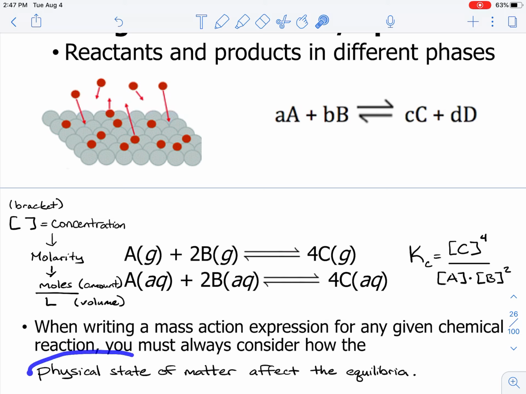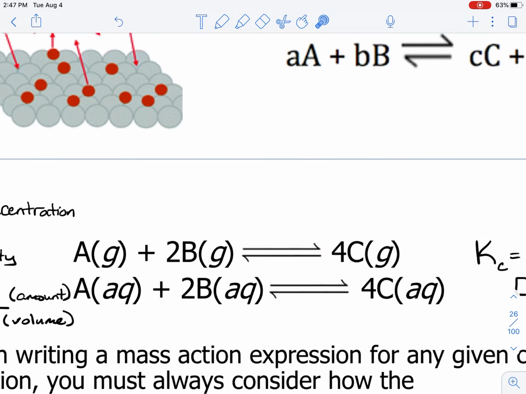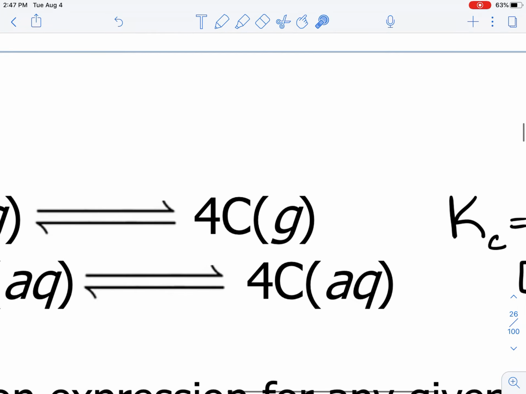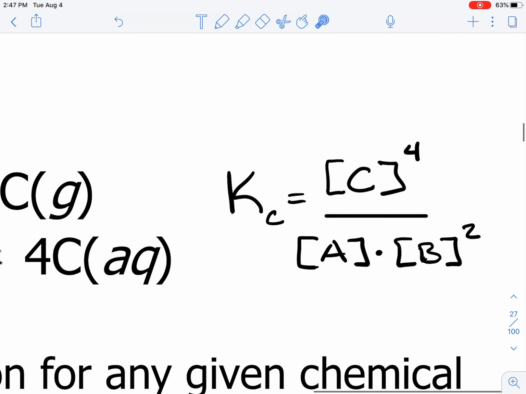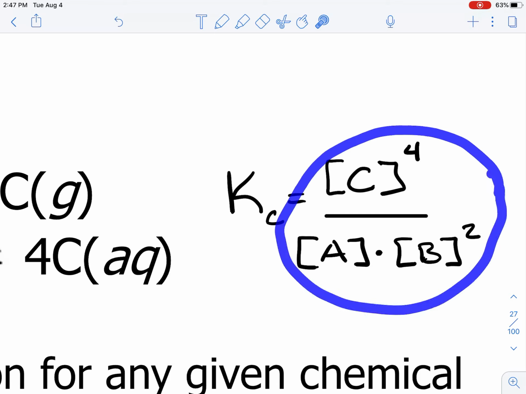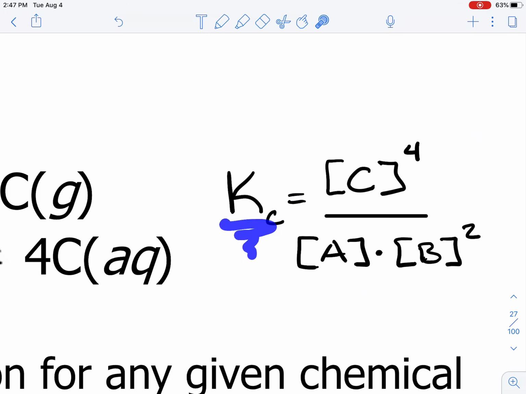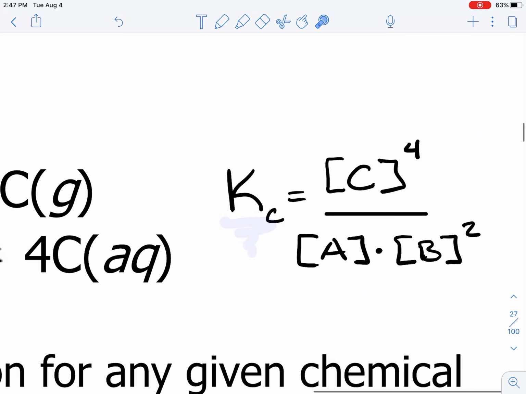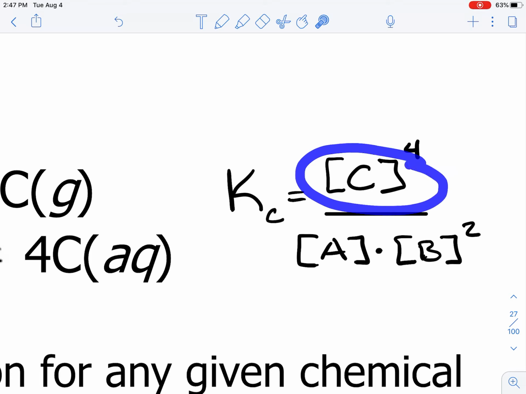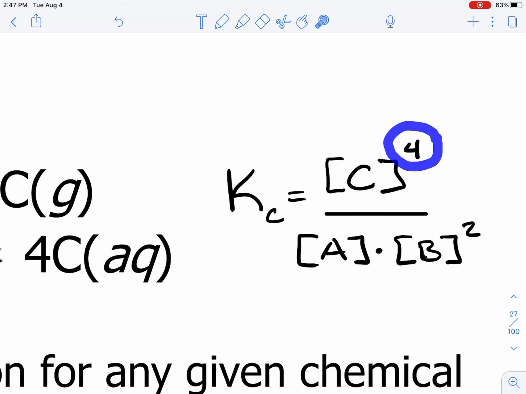Now, for us to understand how the physical state of matter of a substance affects the equilibria, we need to revisit our mass action expression. Typically, when we write the mass action expression or the equilibrium law to express the equilibrium constant Kc, we're going to take the concentration of the products and raise it to its coefficient.